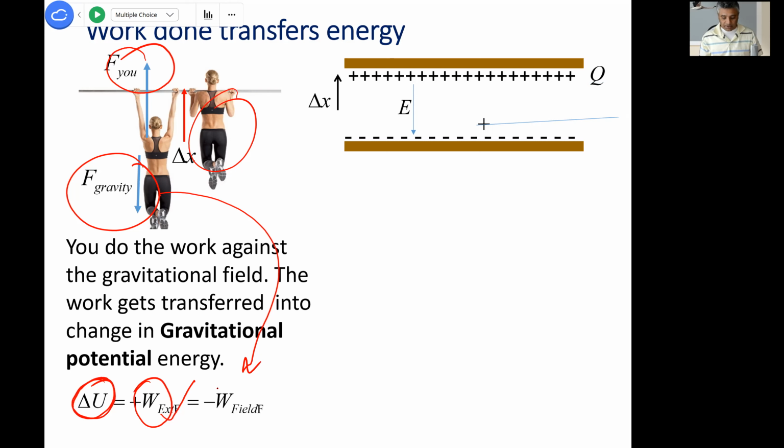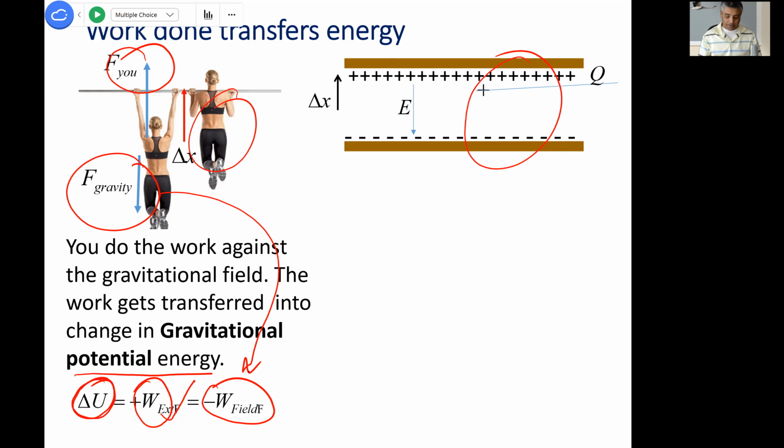But if we are calculating work done by the field, means gravitational force, or in this case, electric field, then what happens in that case? The change in potential energy is going to be negative.